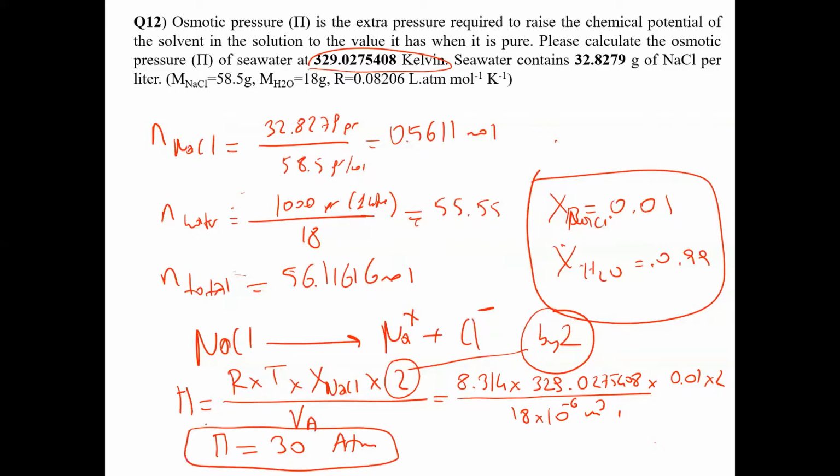So the osmotic pressure of the seawater is 30 atm.